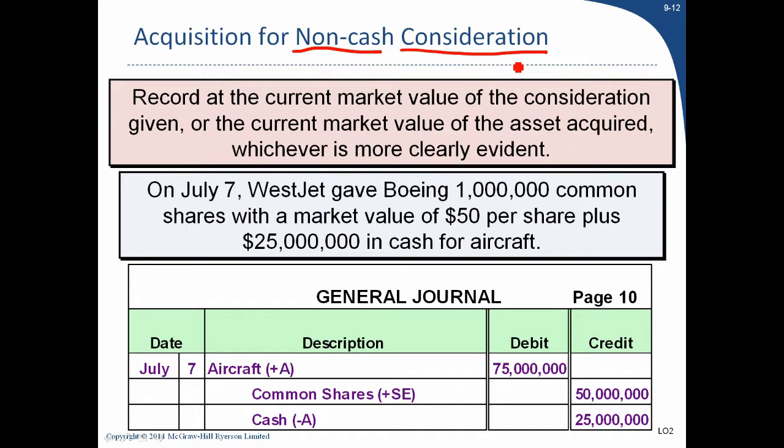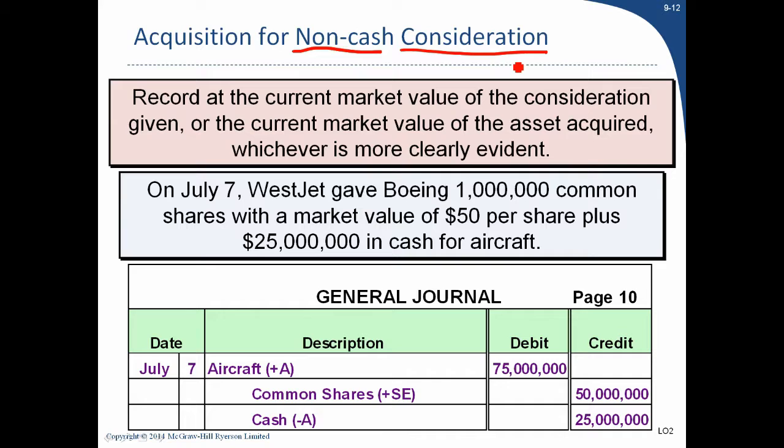So you don't really know exactly what the aircraft is worth in this case. But if you were to pay 75 million of cash, the accounting standards say you don't go and say, oh, I bought this aircraft, which I think is worth 80 million, and I only paid 75 million for it, so I'm going to capitalize it at 80 and credit cash for 75 and credit a gain for 5.